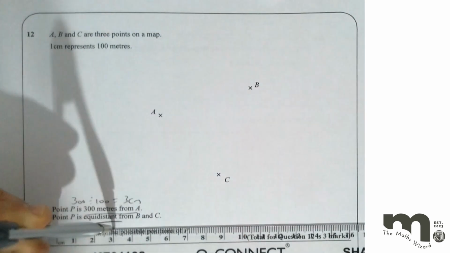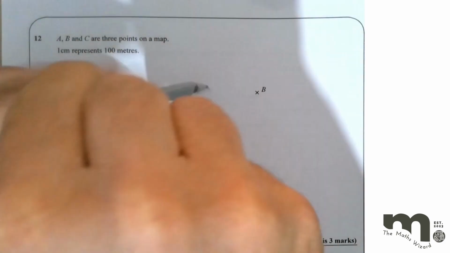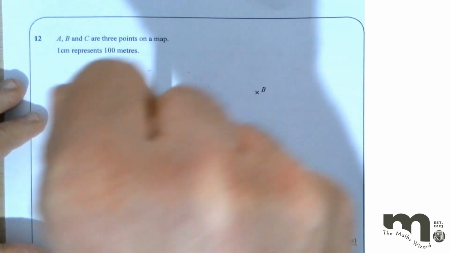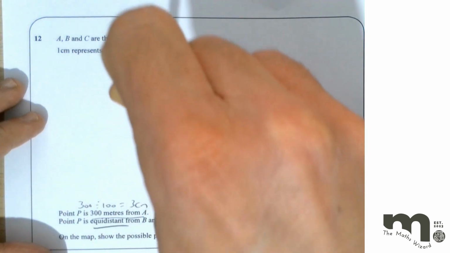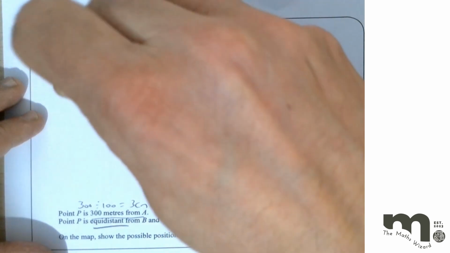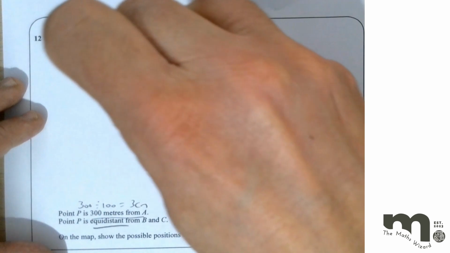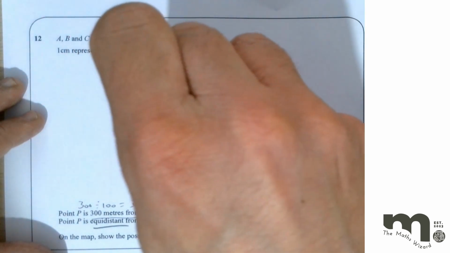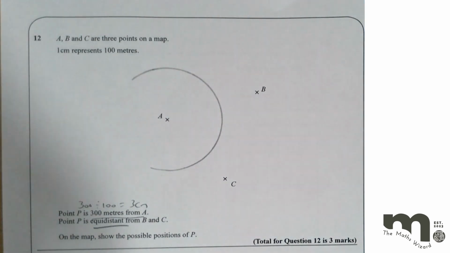That's just there. So everything along this arc is now 300 metres exactly from A.